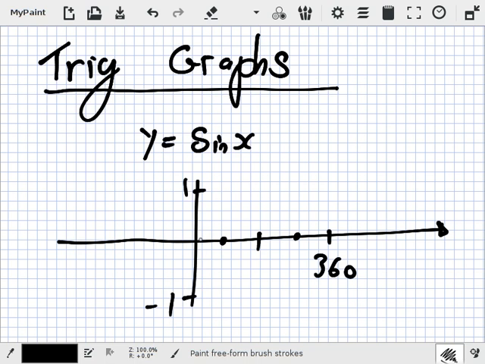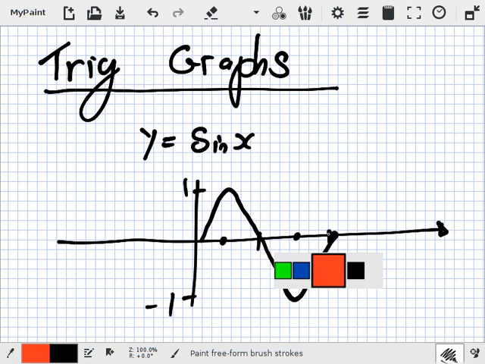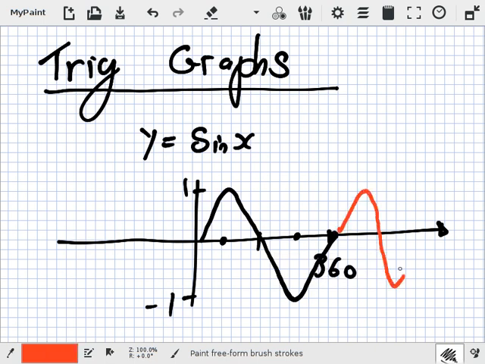So the graph goes up, back down at 180, then at minus 1 at 270, and back at 0 when it gets to 360. I'm sure you've all seen this before. The graph repeats itself every 360 degrees.